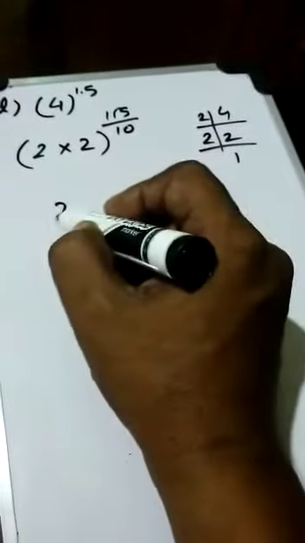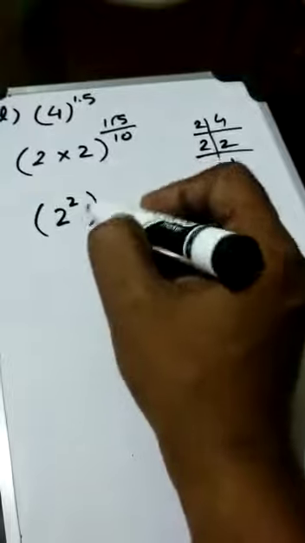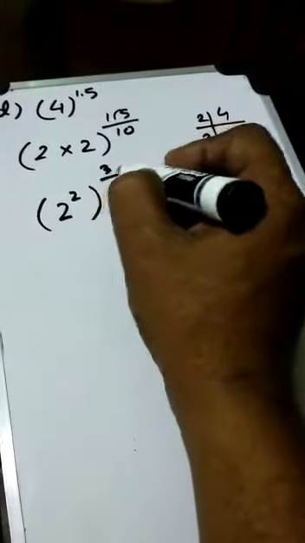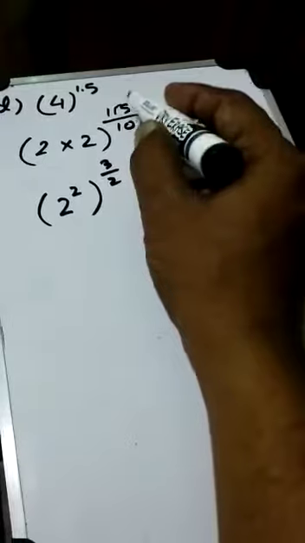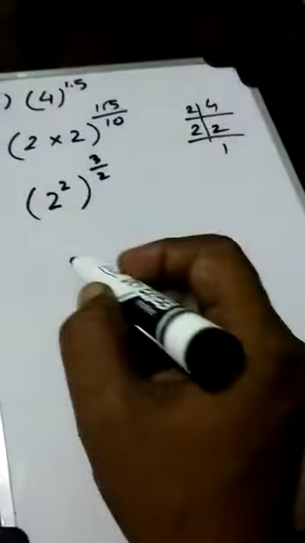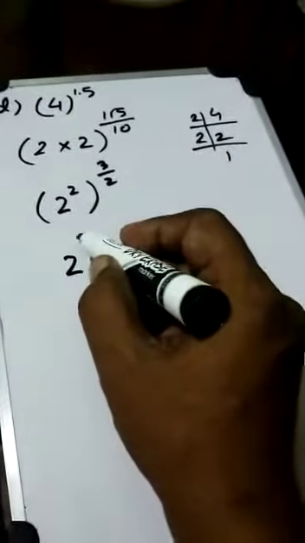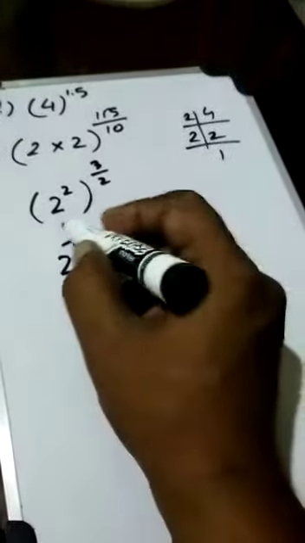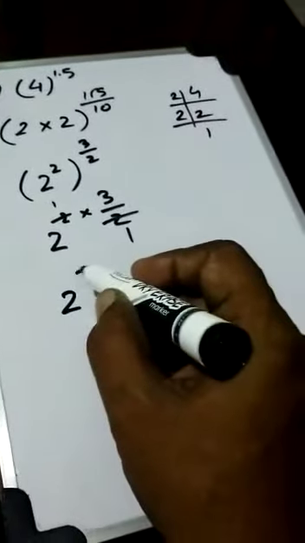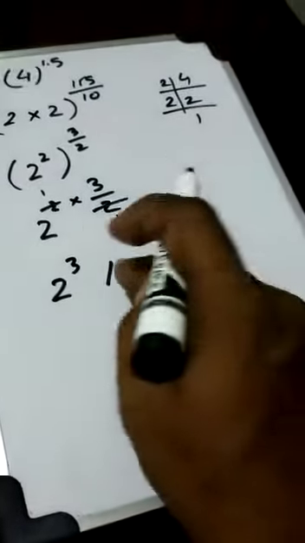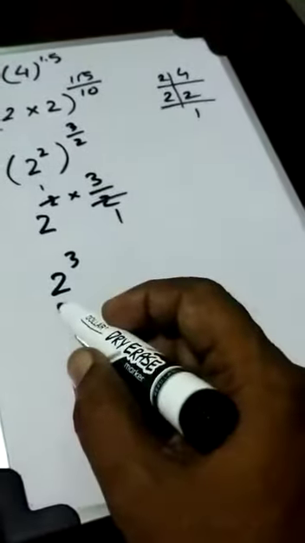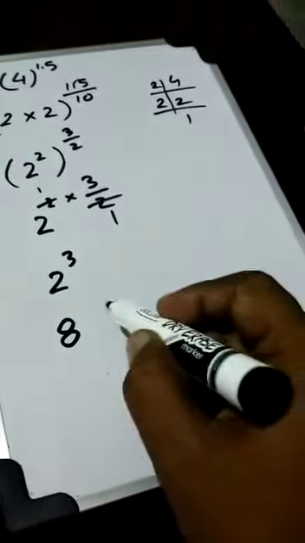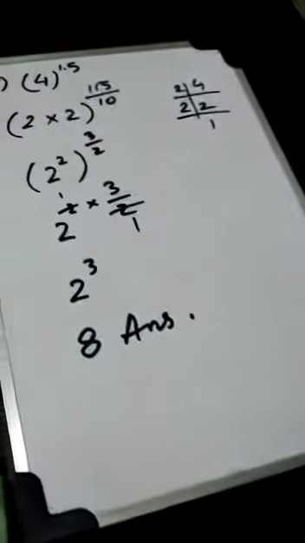We can remove the decimal in this way. Now 2 to the power 2, and outside we have 3 upon 2, because 5 3s are 15 and 5 2s are 10. When we open this bracket, we will get 2 to the power 3, which means 8. So the cube of 2 is 8, and 8 is going to be your answer.